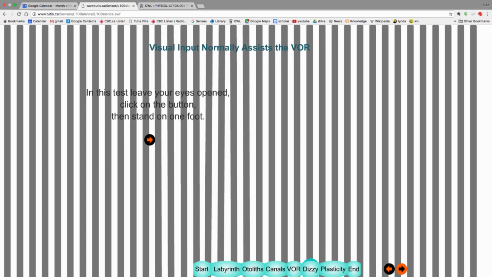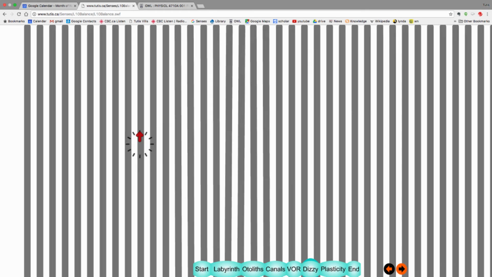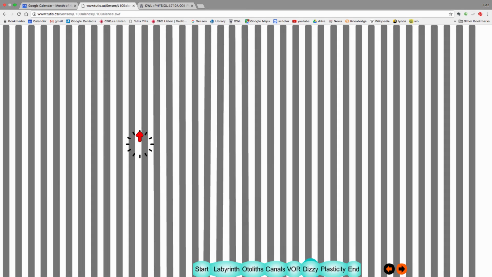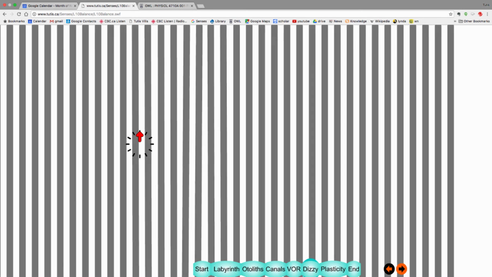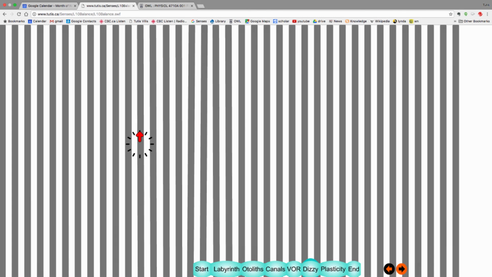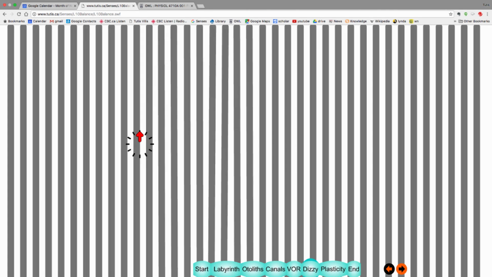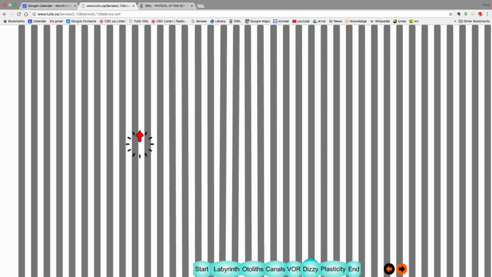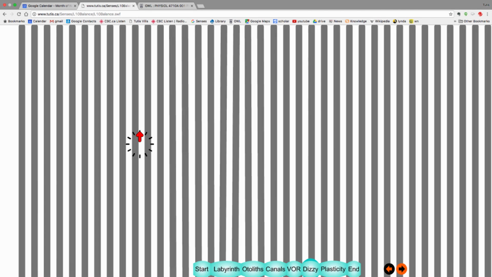Now, I won't try this, but if the screen took up the whole back space, or you stood right in front of it, you would, even with your eyes open, be unstable, because here your visual system is telling you that you're moving when you're not moving. Okay.